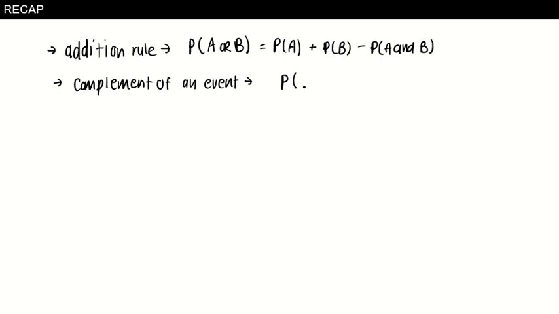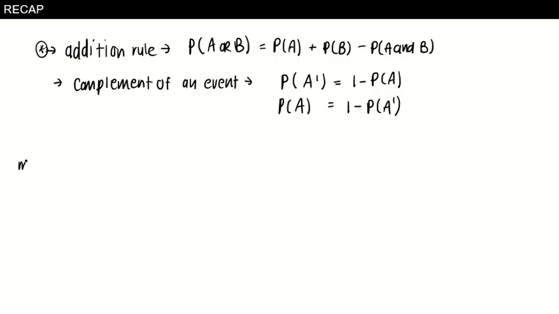So we know the probability of not A is 1 minus the probability of A, and vice versa. The probability of A is equal to 1 minus the probability of not A. So whenever you're given the negative side of an event, just subtract it from 1 to get the positive side of the event.